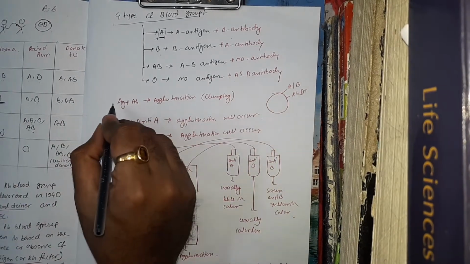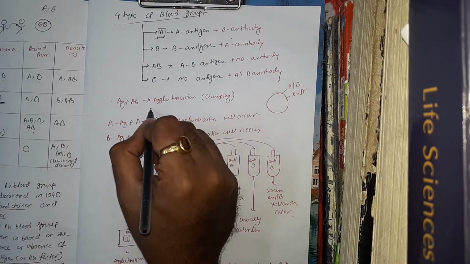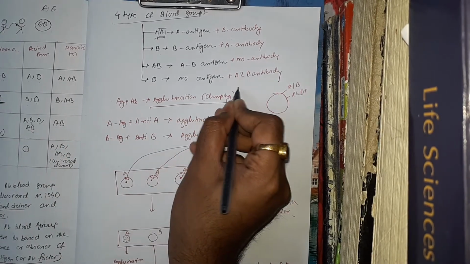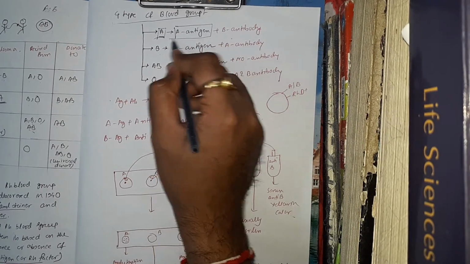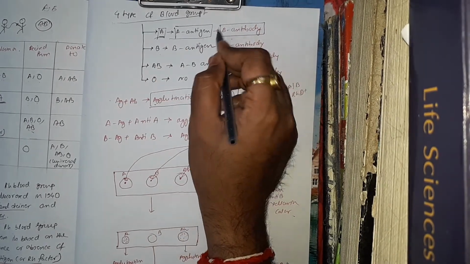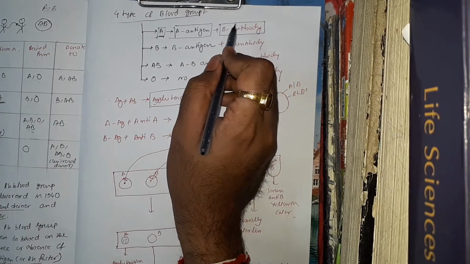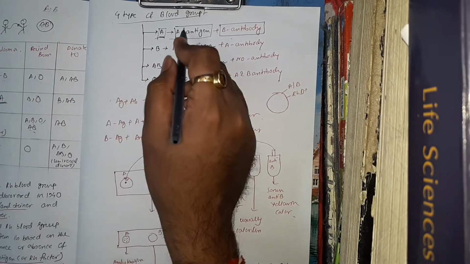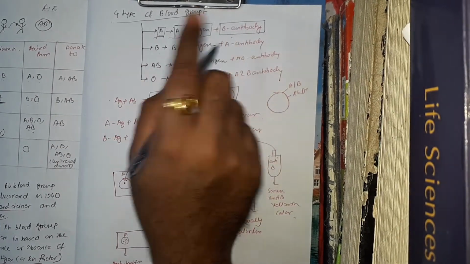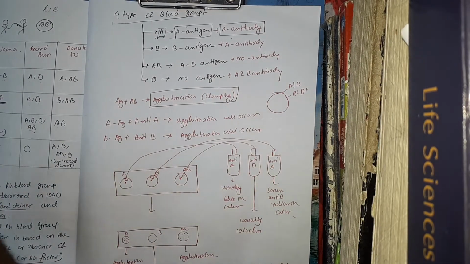So we all know if similar antigen interacts with similar antibody, it will result in agglutination. Now remember one thing: A antigen and B antibody are both produced by the same individual, and in that case the antigen and antibody produced by the same individual do not react. That is the reason why A antigen and B antibody do not react, otherwise in every individual clumping would be going on, right?